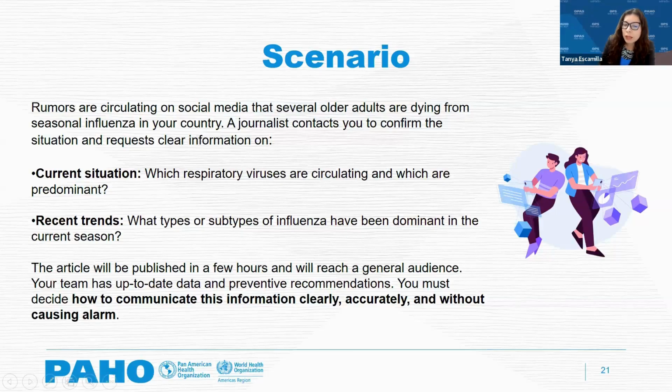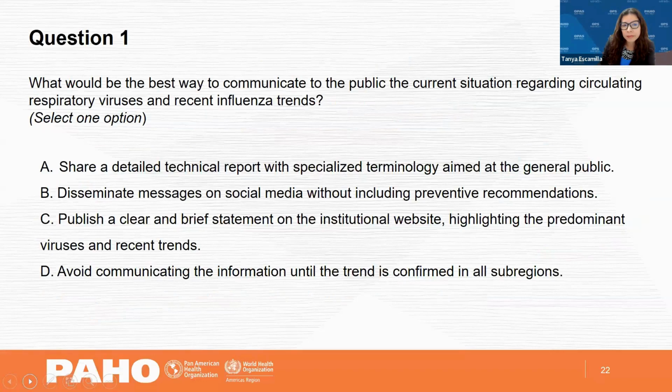So thanks to the dashboard, you will have updated data, and you're going to be able to follow the preventive actions for each community. We are going to ask you 3 questions so you can decide how you are going to communicate the information that you're being asked for. Okay, so first question.